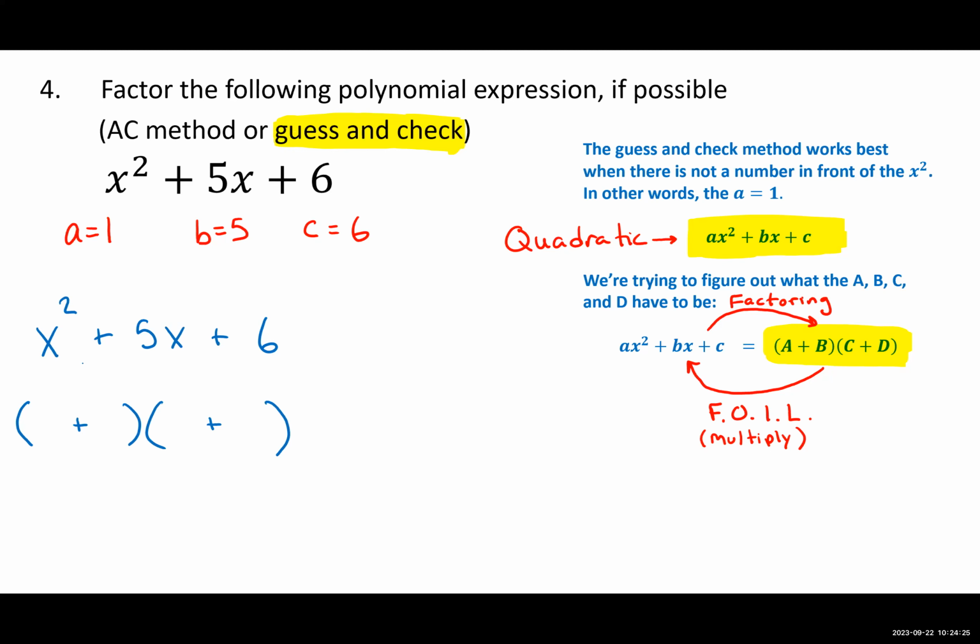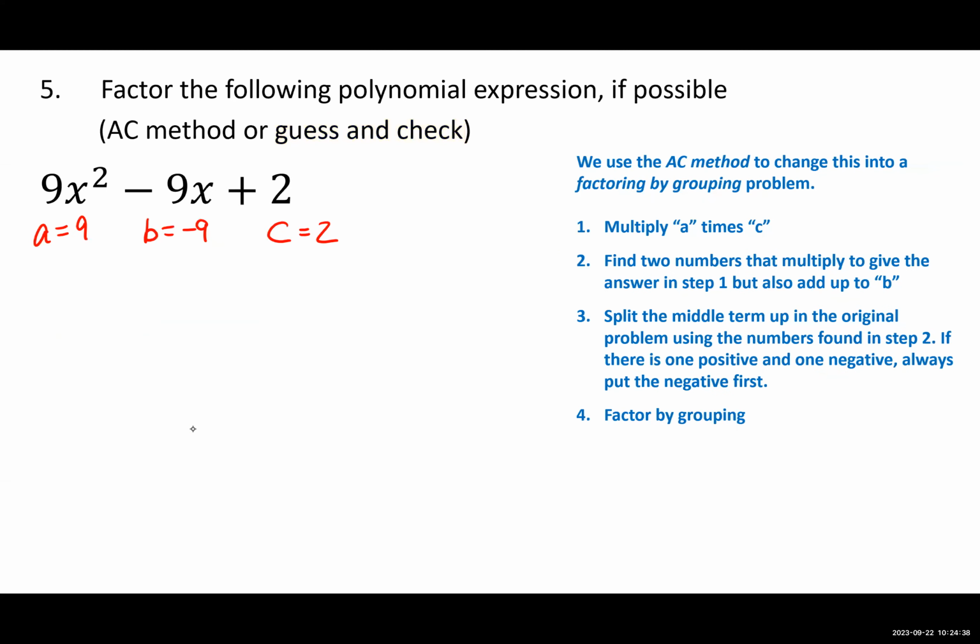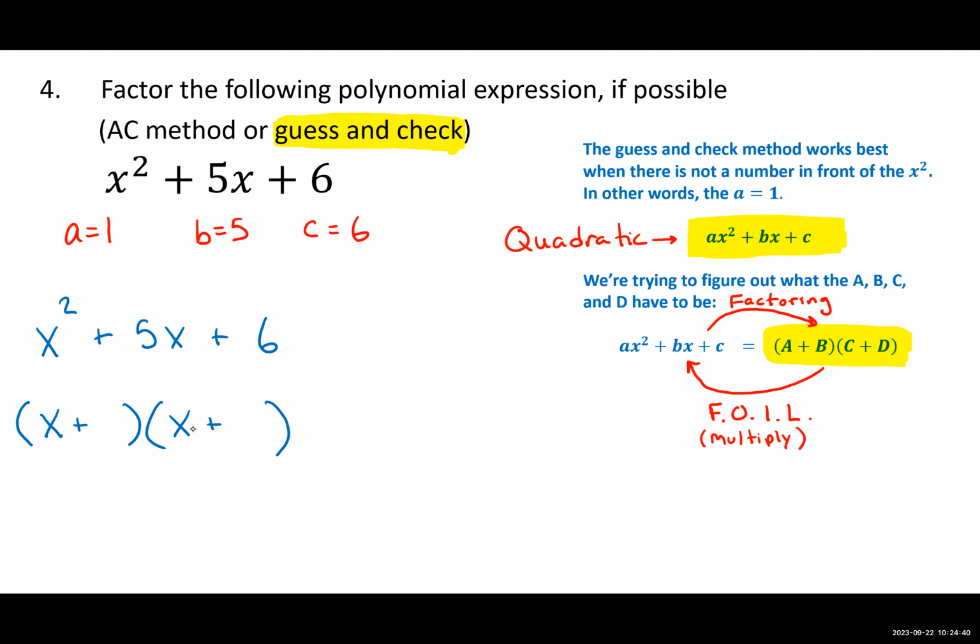So first times first has to give us x squared. The only way to get an x squared is by multiplying x times x. Right? First times first equals x squared. And last times last has to equal 6.